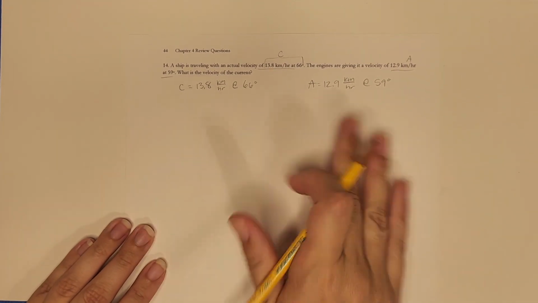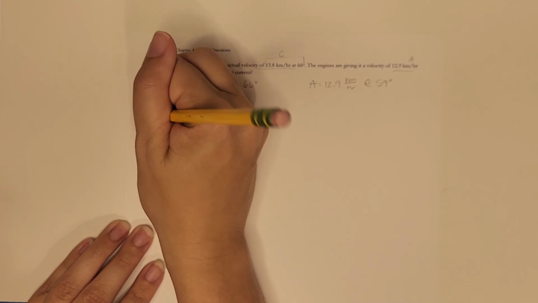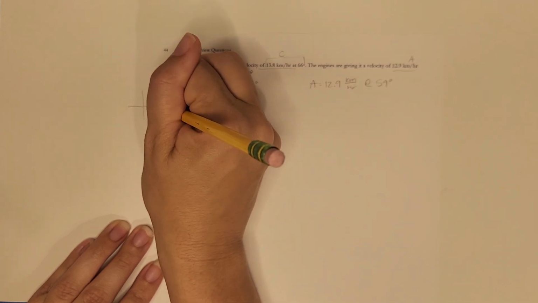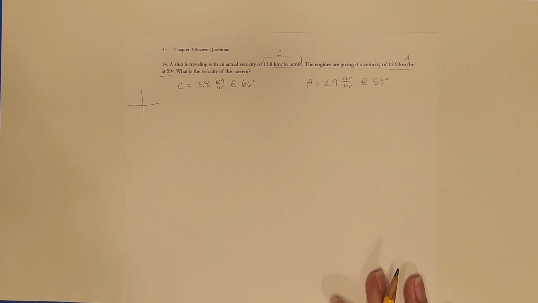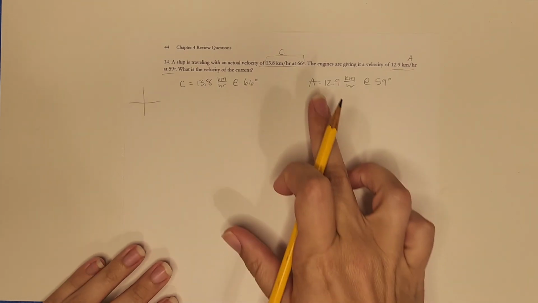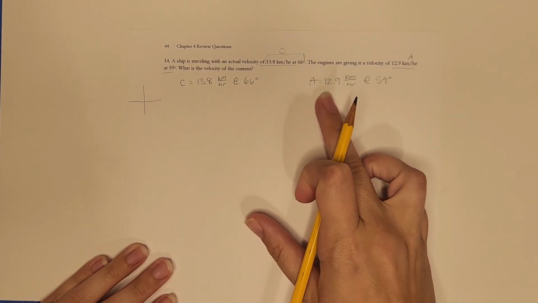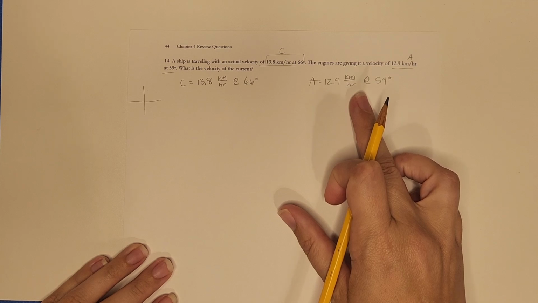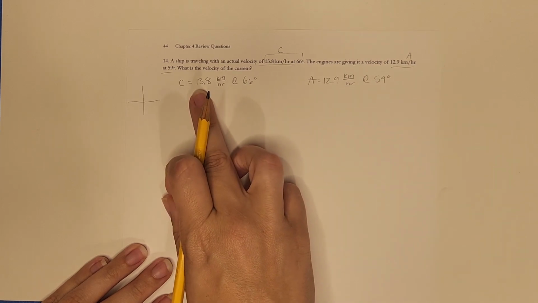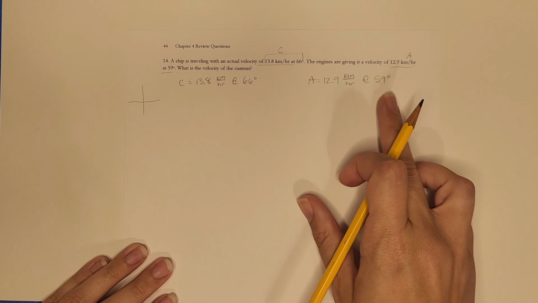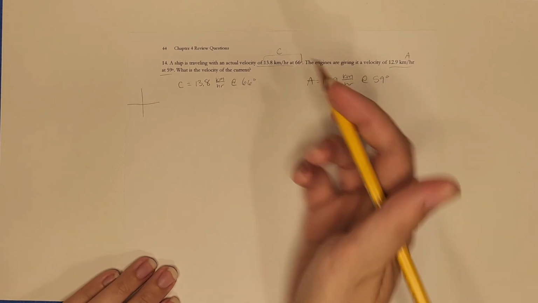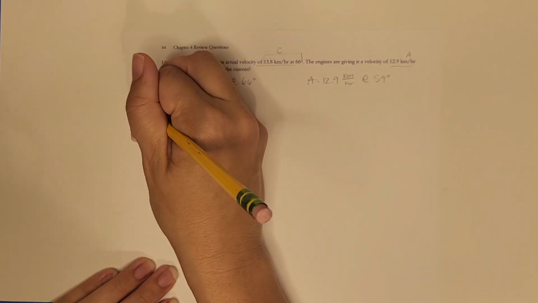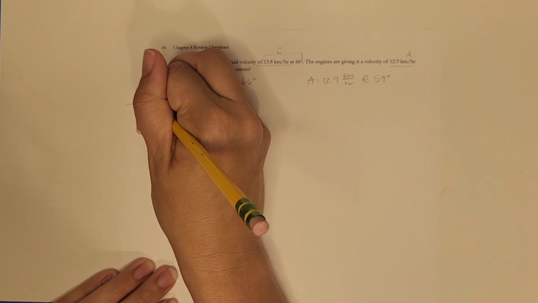And so now that I've done that, I want to go ahead and graph out what it is that's going on. Okay, so let's do A first. So 12.9 kilometers per hour, very similar to what C is. It's going to be a little bit lower, 59 degrees. So just kind of an approximation.